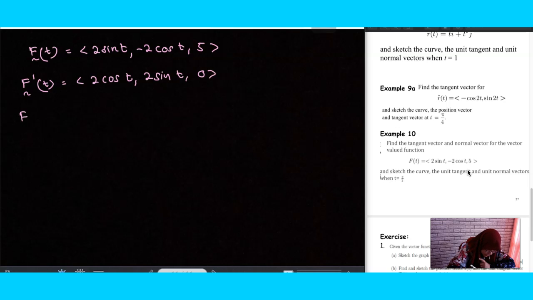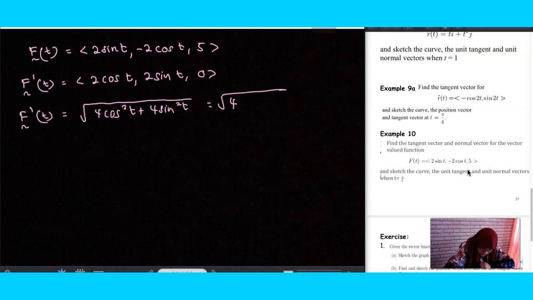Then we have to find the magnitude, where we have the square root of 4 cos square t plus 4 sin square t plus 0. So it looks like we can factorize. So we have cos square t plus sin square t.